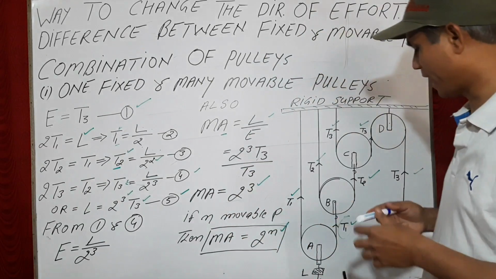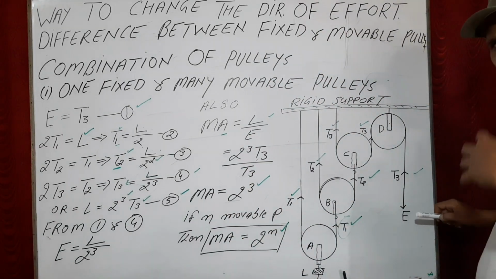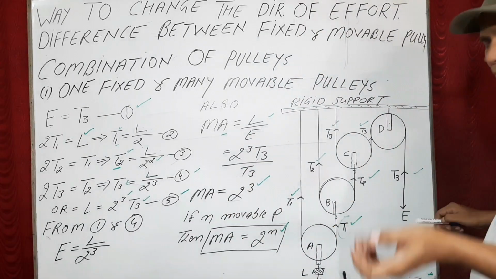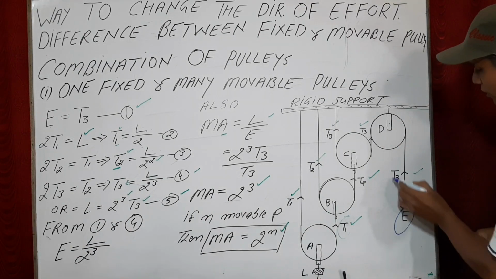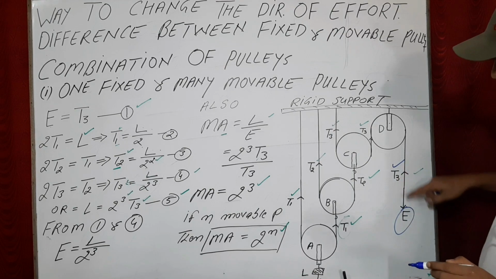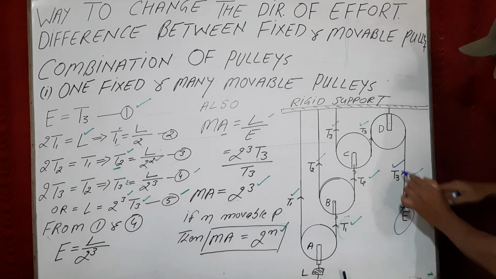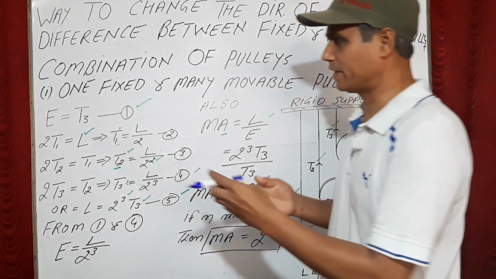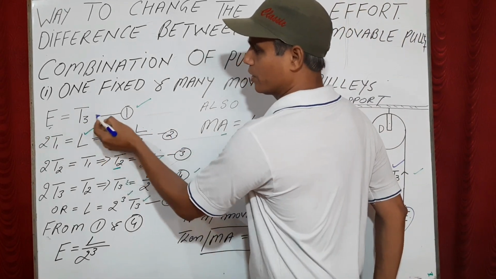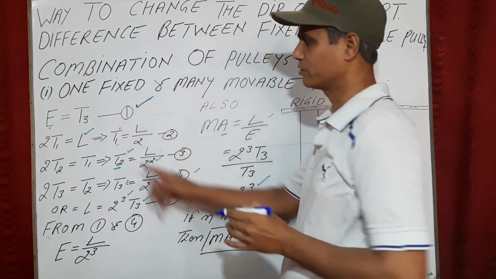Now see in the diagram, if the balanced state, if equilibrium is there, in that case this effort will be balanced by the tension T3. Now I have written over here, effort is equal to T3. So first thing.